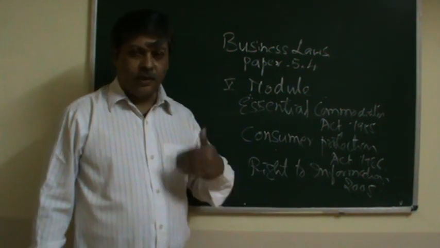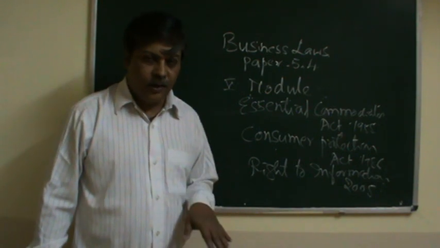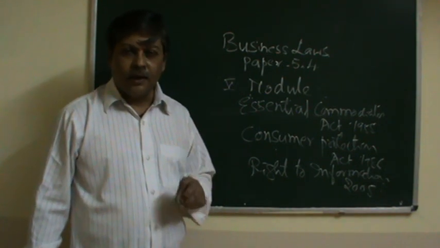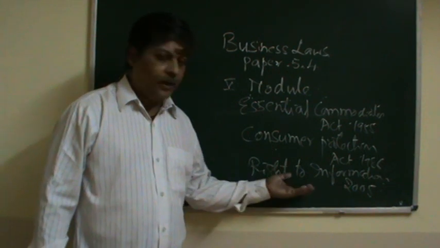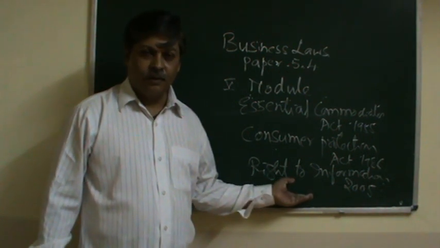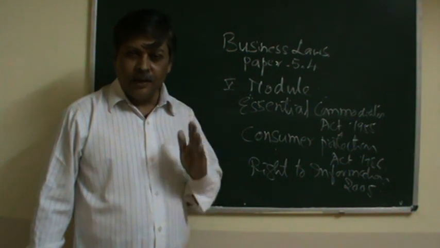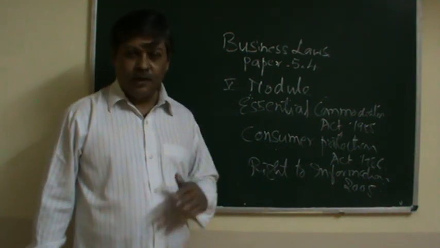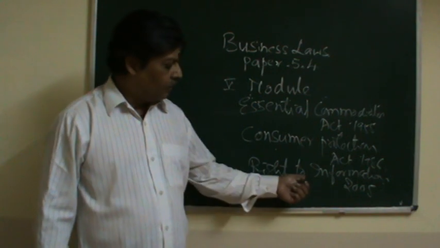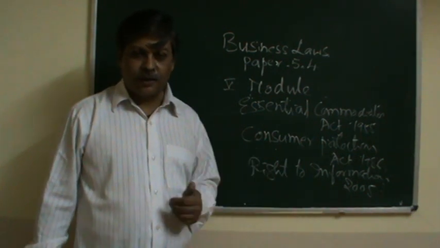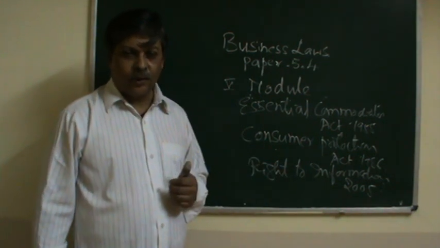Right to information is the right of the people to obtain information from public authorities. He can claim the information by applying to the information officer and the concerned authorities for what information he needs.